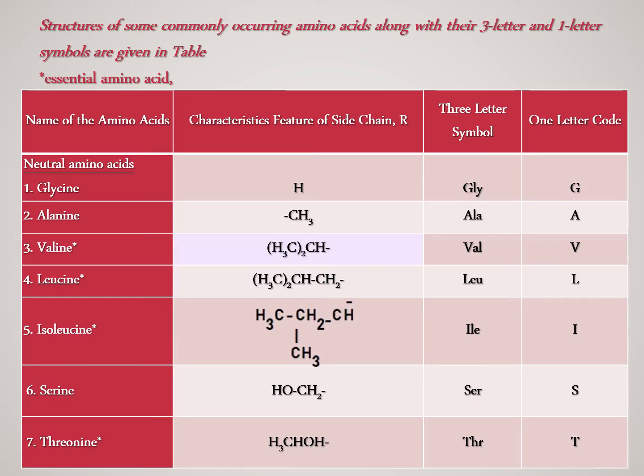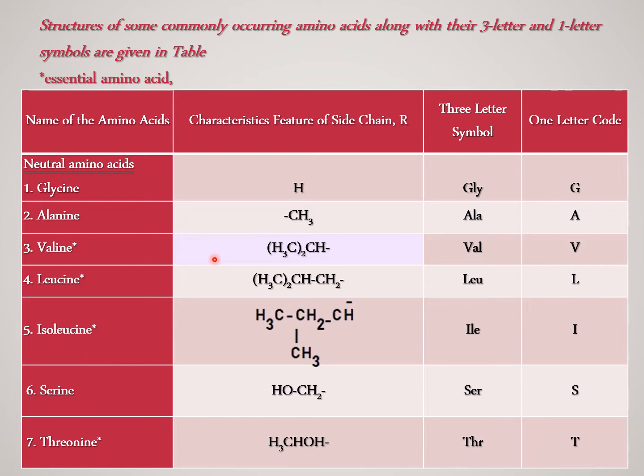Now, the study of proteins, and thus amino acids, tells us that there are about 20 amino acids that have been identified as the constituents of proteins. The structures and their three-letter abbreviation and one-letter symbol, etc., are all indicated in this table here.